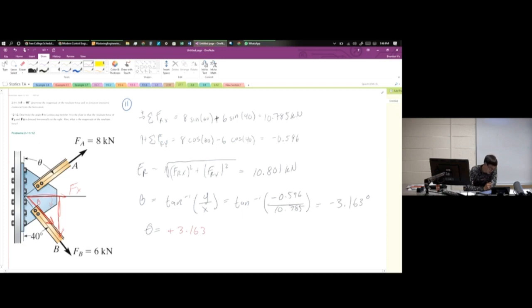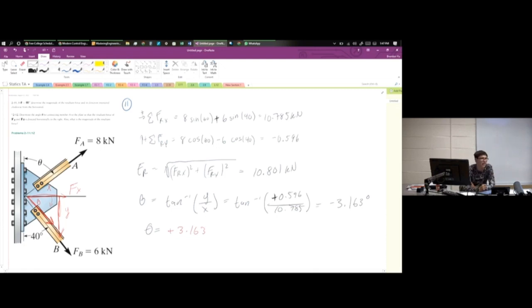Because that would mean this would be y, this would be x. Or did I do it wrong? Negative 0.596, 10. Oh, I think I know what I did. When I plugged it in, I left this negative sign here, right?